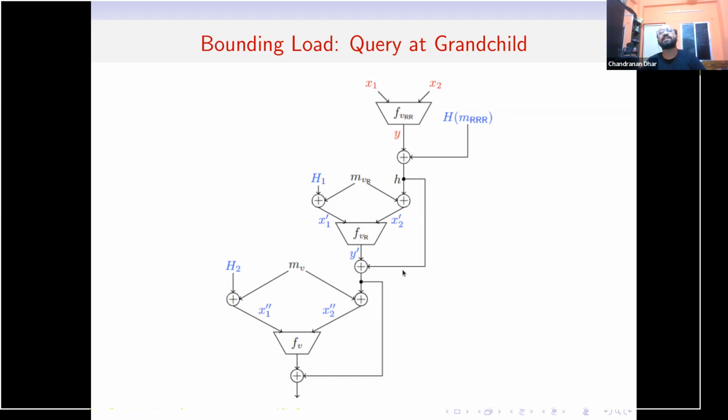So this is not very easy to bound. We have written an expression for this in our paper, but we don't have a proper bound for this.